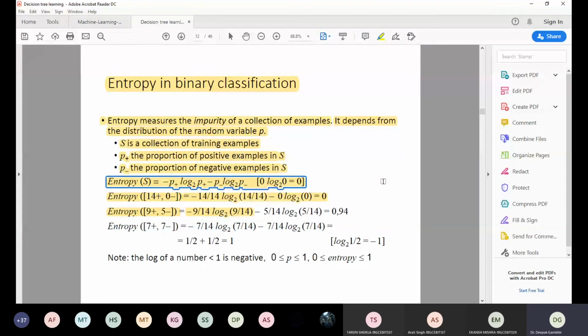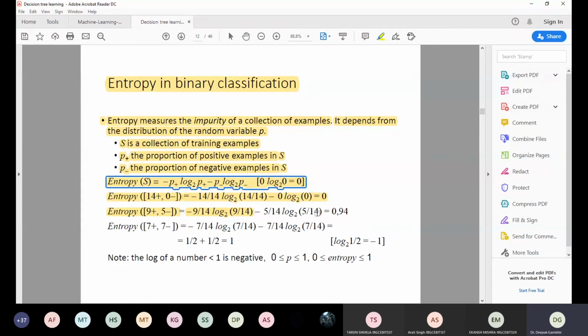Similarly, for the probability of the negative example, minus 5 by 14 log to the base 2 of 5 by 14, that is the probability of the negative example.